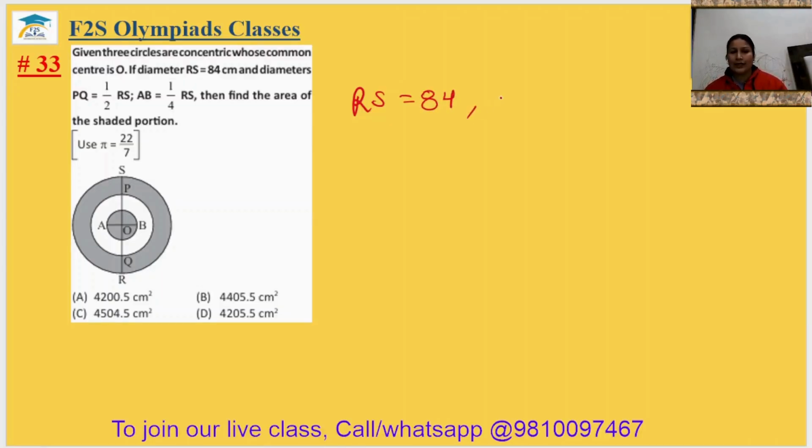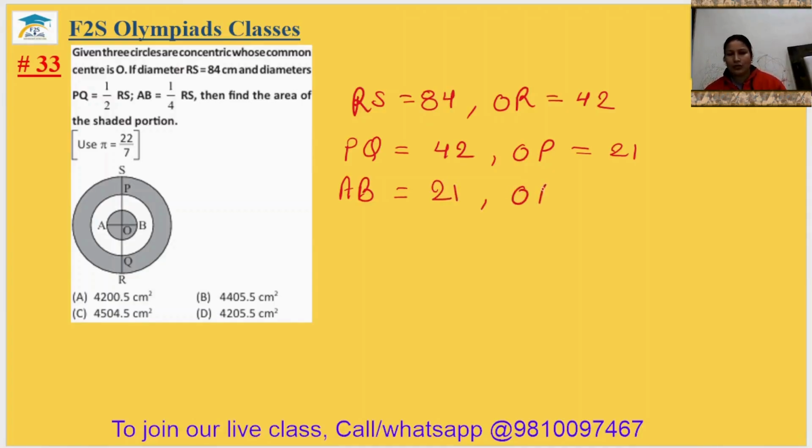So its radius OR will be 42. PQ is the diameter of the bigger circle, that is half of RS. It should be 42. So OP radius should be 21. And for the smallest one, AB is the diameter of the smallest one. Its diameter should be 1 by 4 of RS, that is your 21.